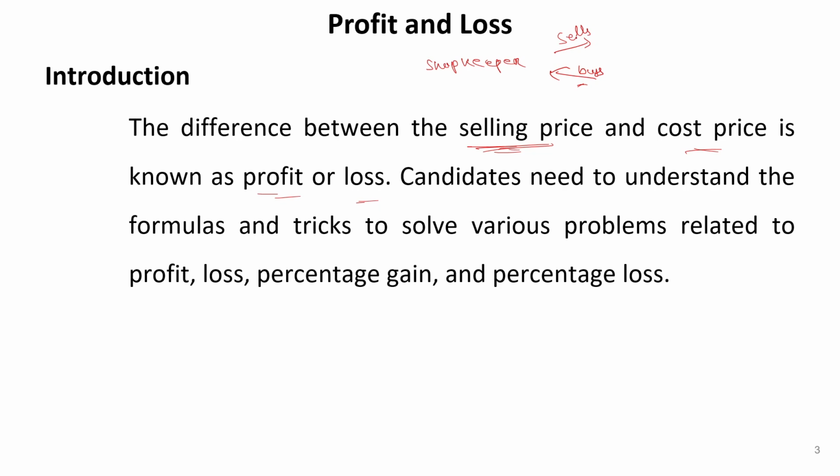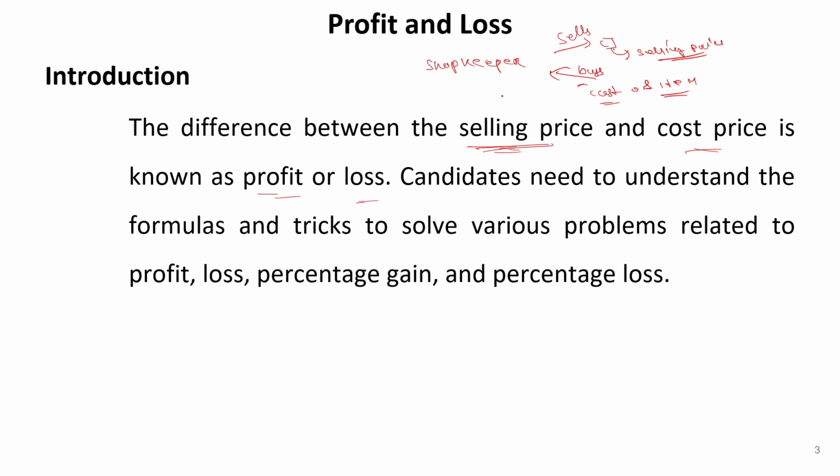All the things that he sells at some price, that price is the selling price, the price at which he is giving it to the customer. The price at which he got it from someone else is his cost price. So this will be the cost of the item, so this will be the cost price.